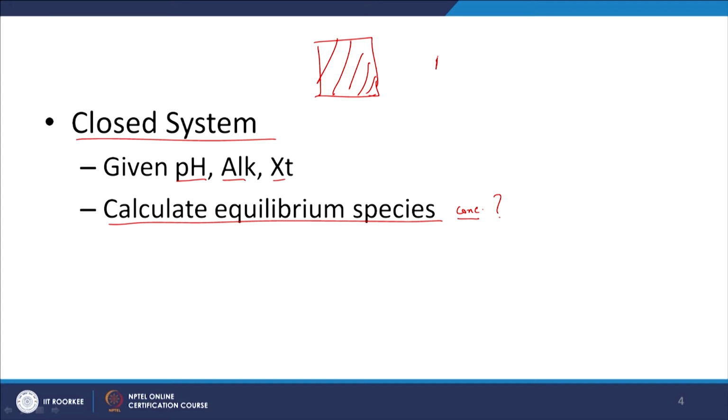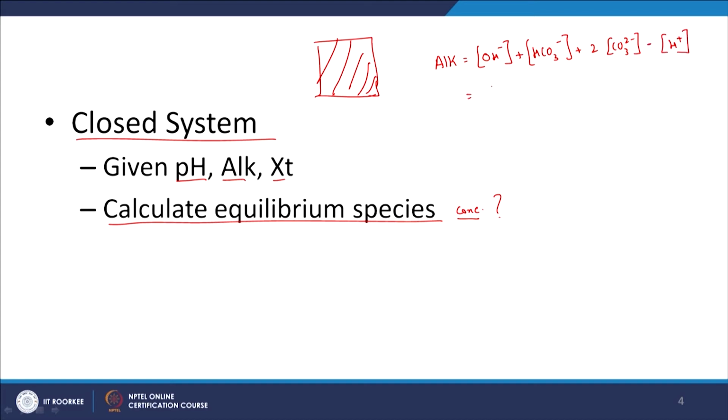So alkalinity, what's our equation with respect to alkalinity now? We know that it's going to be equal to OH minus, and the other bases are HCO3 minus plus 2 CO3 2 minus, minus H plus, right.